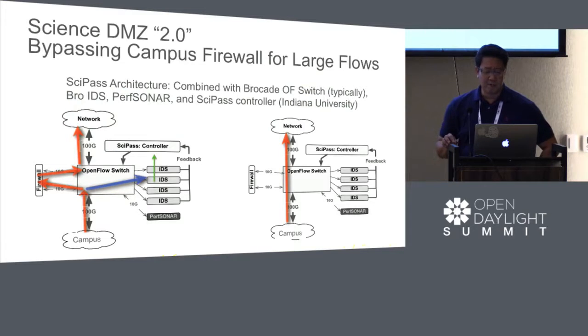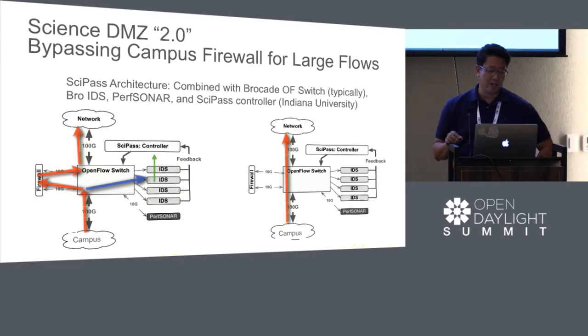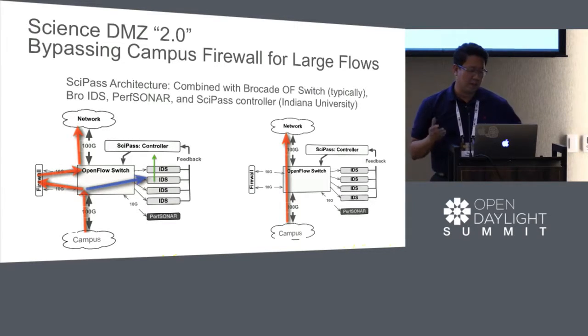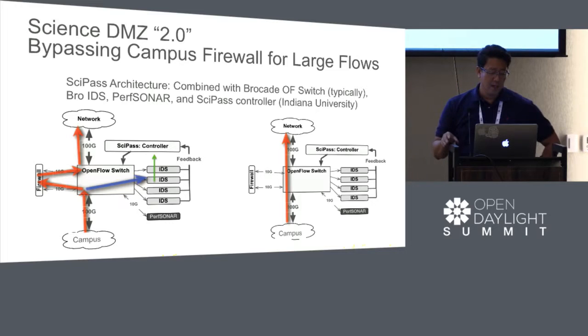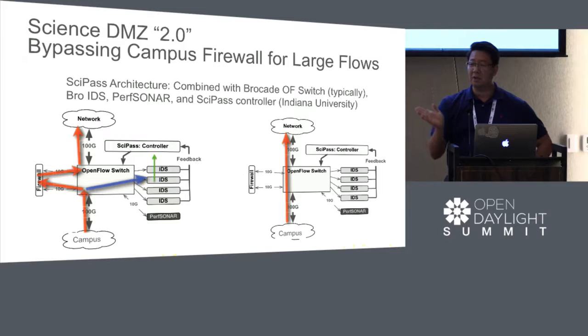And this is Science DMZ, I call it 2.0. It was Brocade and Indiana University. They worked on this code, called SciPass Science DMZ. So the idea was that you have a campus network as the internal network, and an external network. Let's say the traffic is coming from the internal campus network into the OpenFlow switch, and then the traffic is copied to the cluster of IDS.